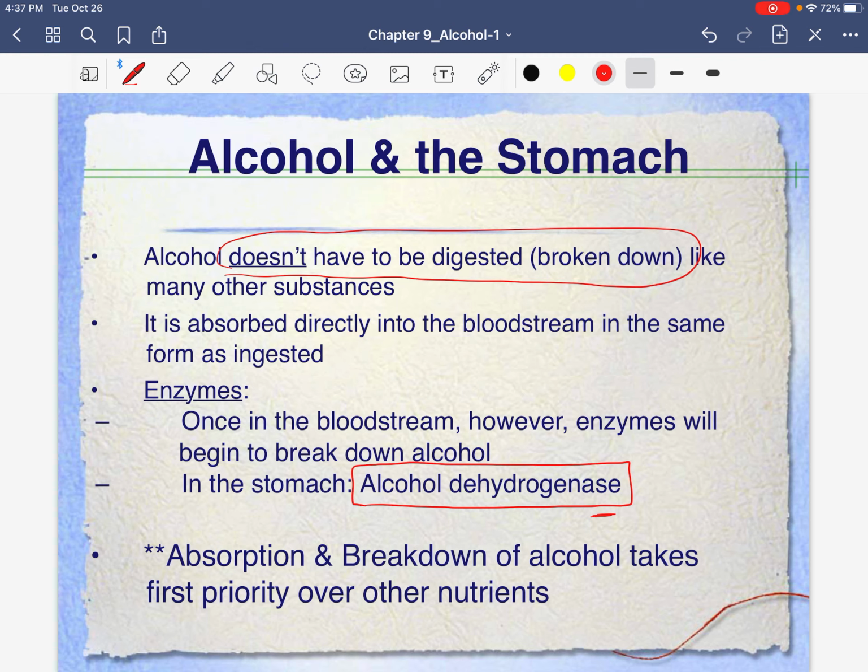So we're not talking about breakdown in the GI tract. We're talking about breakdown in the bloodstream. Alcohol dehydrogenase is the enzyme. And look, this process takes priority over other nutrients. Remember I said that the body views alcohol as a toxin, it's going to get rid of it, so it's going to put some other processes on hold because this becomes the priority.